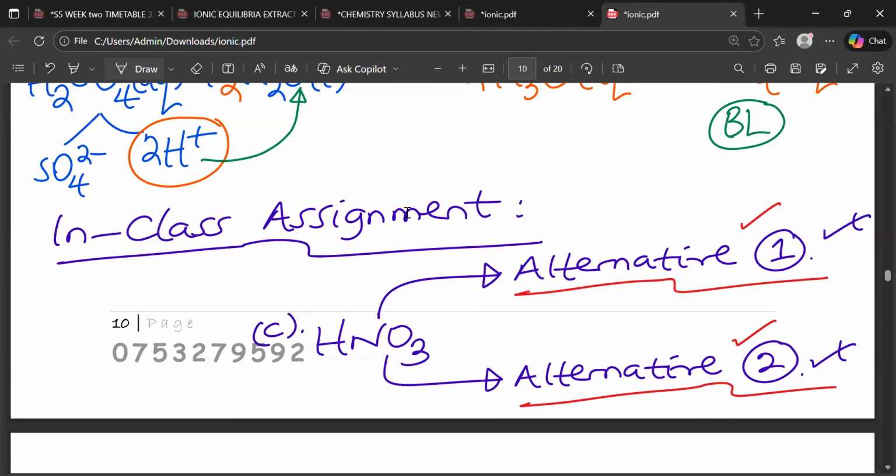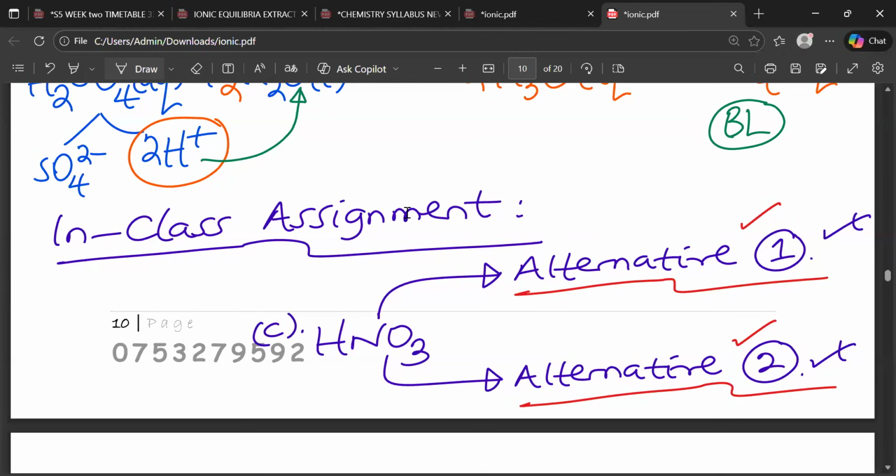Please spell these things correctly. H plus in aqueous, plus NO3 negative aqueous. Then alternative 2, you spell it.